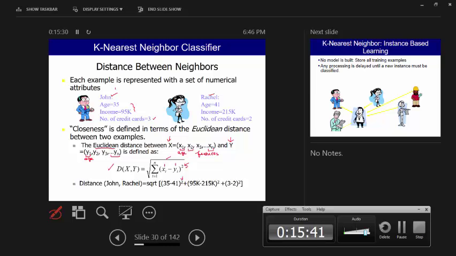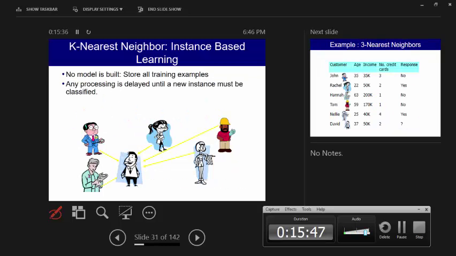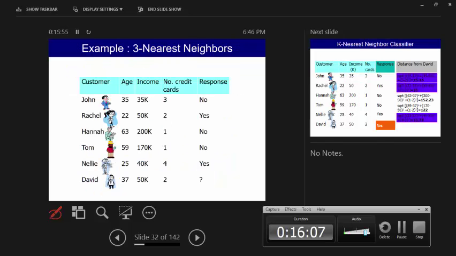Amazing. But anyway, this is how you calculate K nearest neighbor classification. The idea is very, very simple. There is no model assumed. You simply calculate and decide. This is an example.